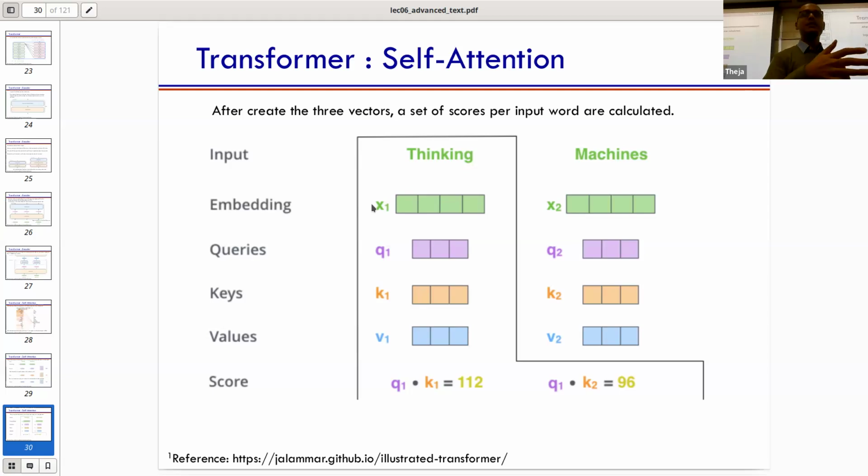In our example there are only 2 words, so only 2 keys. Focusing on going from x1 to z1, the output of the self-attention, we have q1, the query vector, which we multiply with its own key vector and also the neighboring word's key vector. So I multiply q1 with k1, and I also multiply q1 with k2.